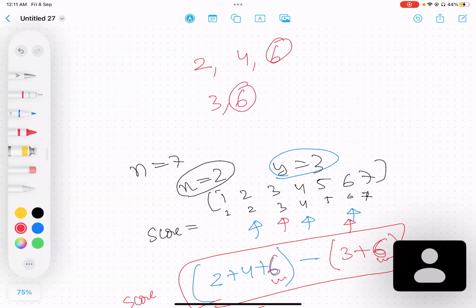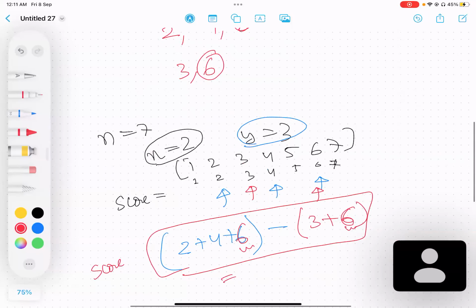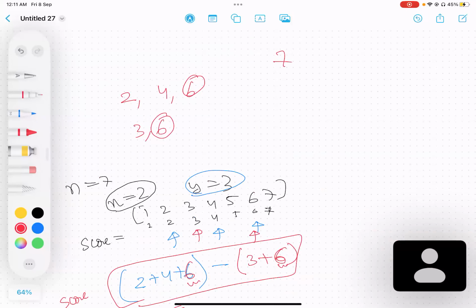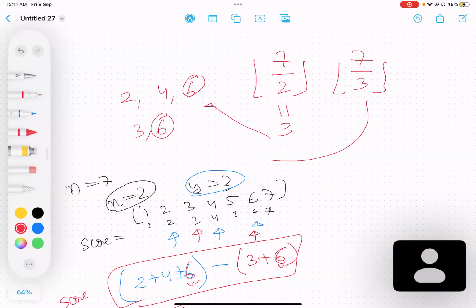So first of all, let's see how many indexes are divisible by 2 and how many indexes are divisible by 3. The number of indexes divisible by 2 will be floor of 7 by 2, so 3. Similarly, how many indexes are divisible by 3? That will be floor of 7 by 3, so 2. Now you will ask, how many of them are common? How can we find that?